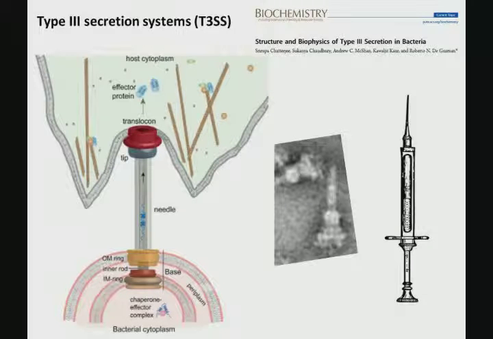What happens though sometimes is once it secretes proteins, effector proteins in, quite a common role of some of the effectors is to remodel the actin cytoskeleton in the host, which is what's depicted here. Okay, so it's actually the effector proteins that are translocated rather than the translocon itself.